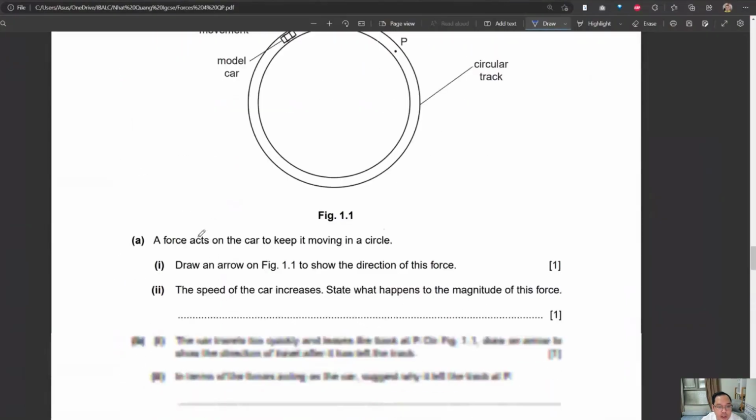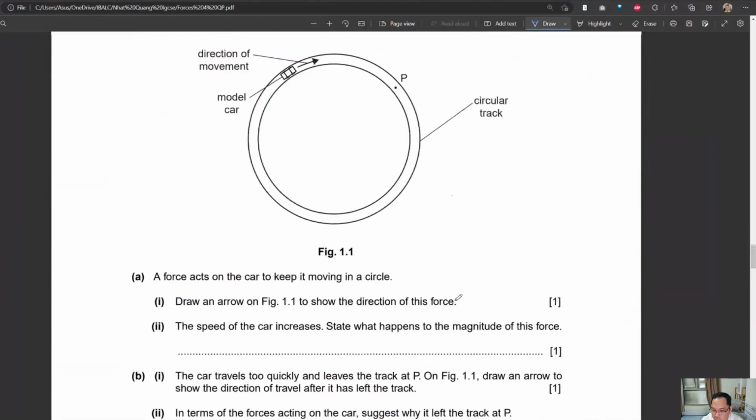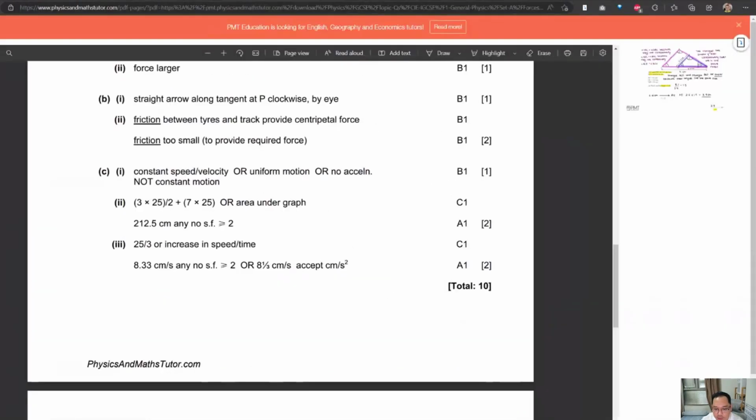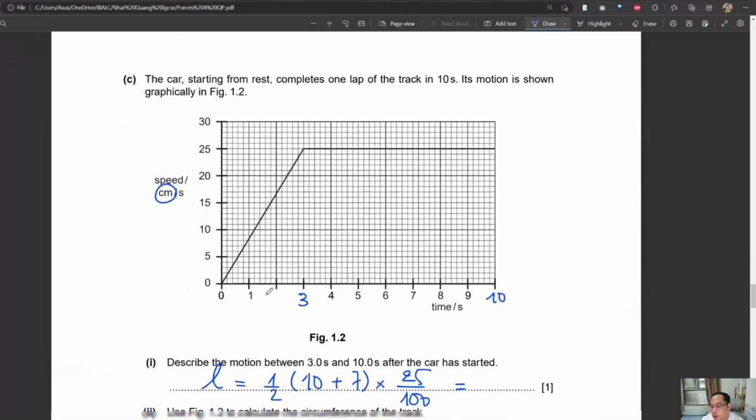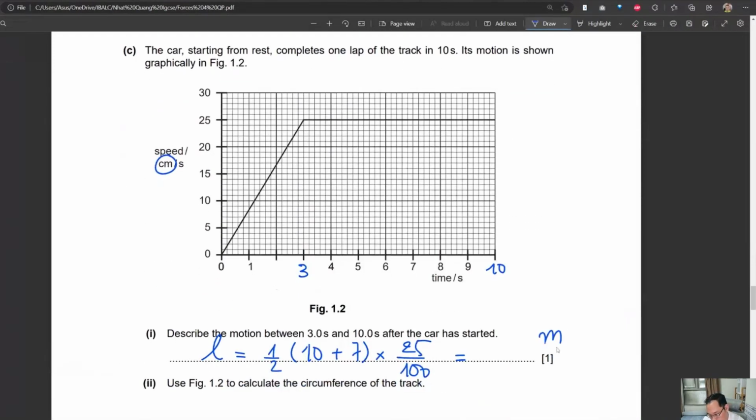They didn't provide the required unit for these questions. So normally we will use the standard unit, though I think it is acceptable to use centimeters, but I prefer the standard unit. Okay, 17 multiplied by 25 divided by 100.